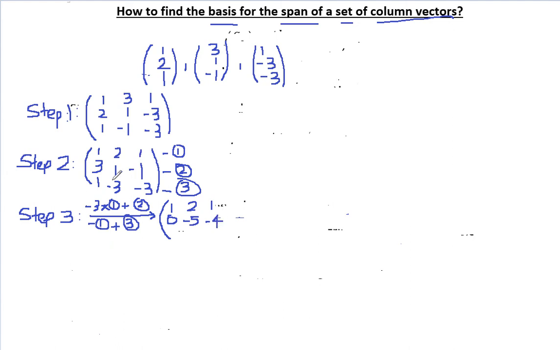For the third row, minus 1 plus 1 equals 0. Then minus 2 minus 3 equals minus 5. And minus 1 minus 3 equals minus 4.